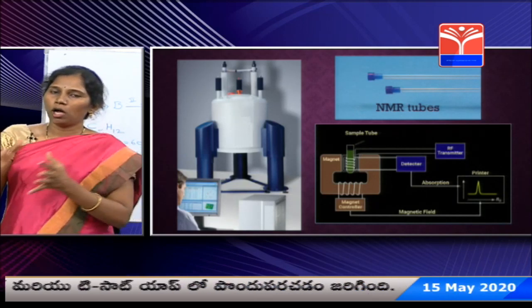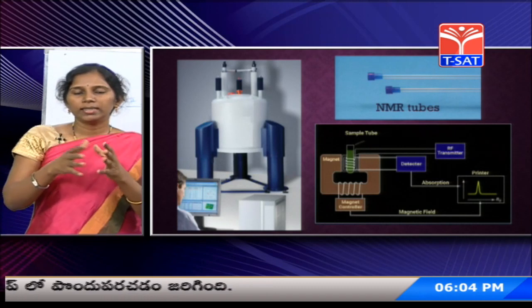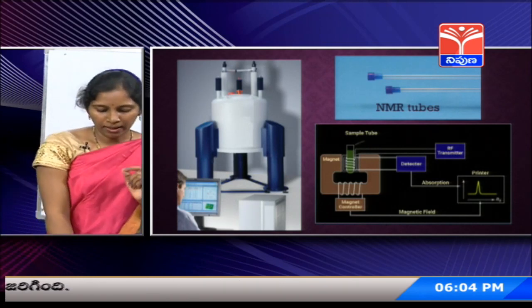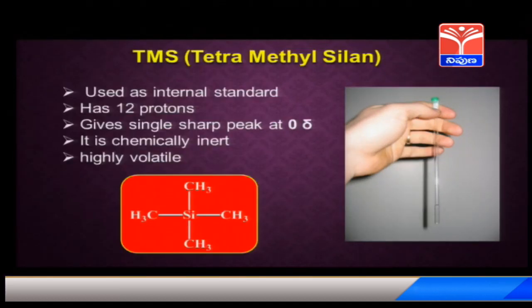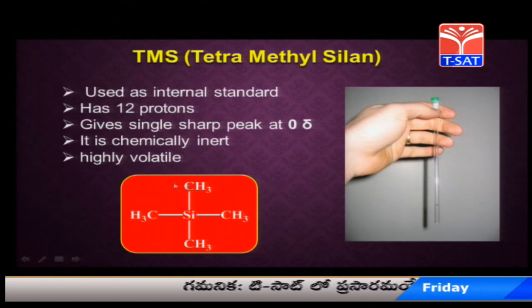And after prolonged research, the researchers found a chemical called tetramethylsilane, which is most suitable as a standard in the NMR spectrum, and is called the internal standard. Look at the structure, students.